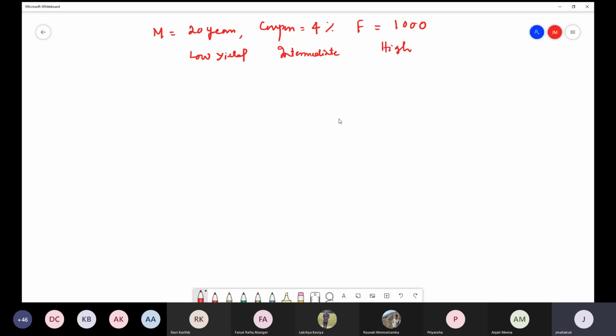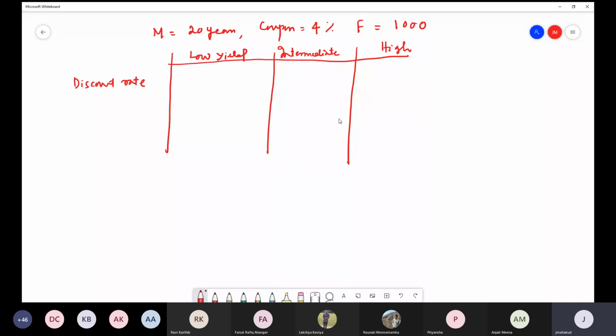Here, if I say this is your discount rate, let this bond yield be 3% in the low yield category, increasing from 3% to 4%. Intermediate yield was 6%, increasing from 6% to 8%. Then high yield 9%, increasing from 9% to 12%.